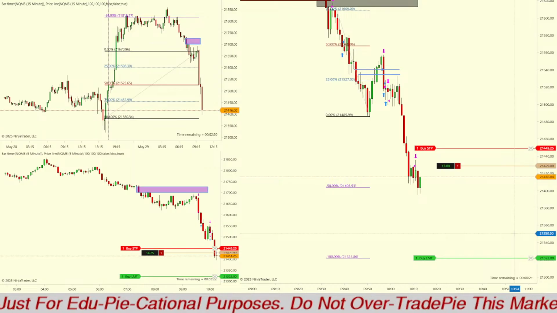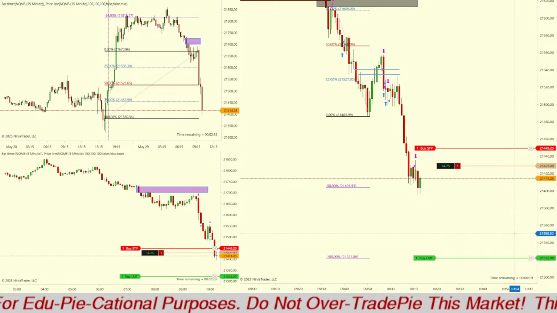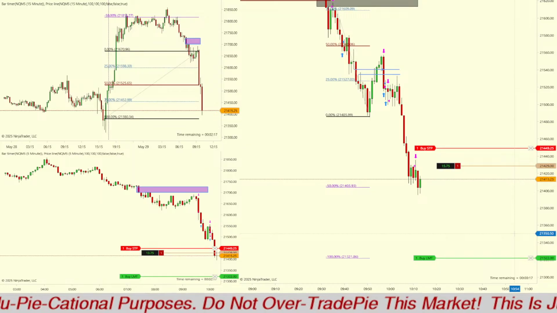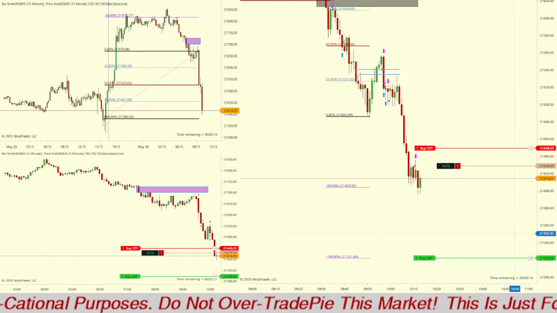Still right around the 50% projection of the high to low of the opening range.